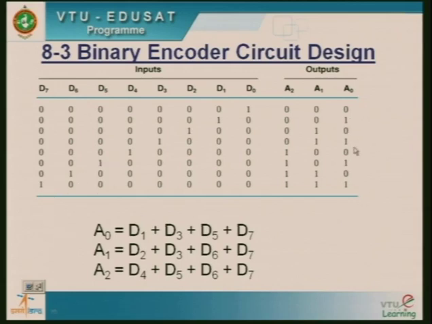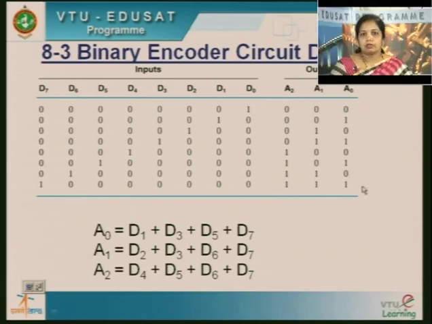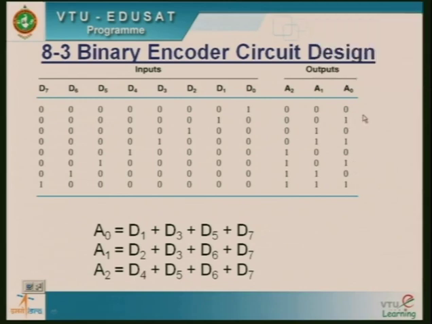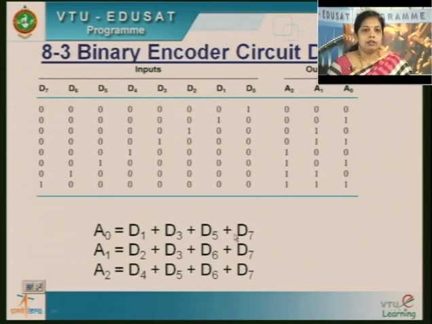You can see 1, 2, 3, 4: under A0, 4 times the output is high. So the output goes high whenever that particular input signal is high. A0 will be high whenever D1, D3, D5, D7 is logic 1.